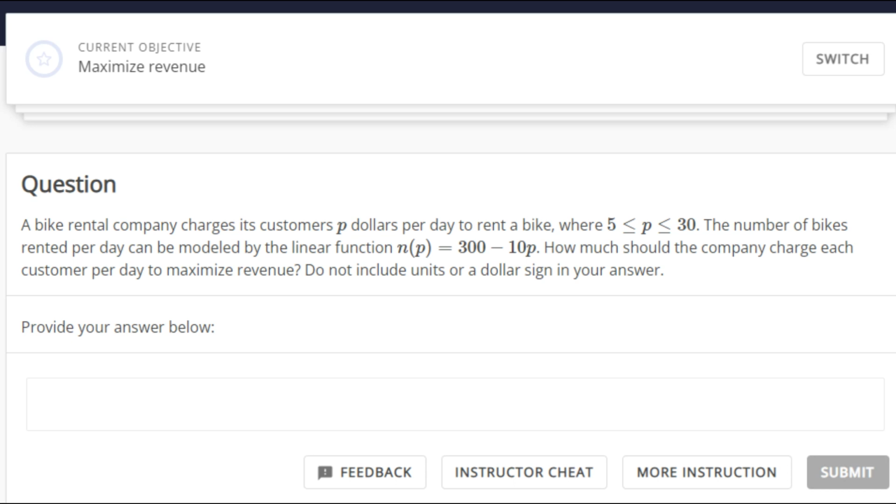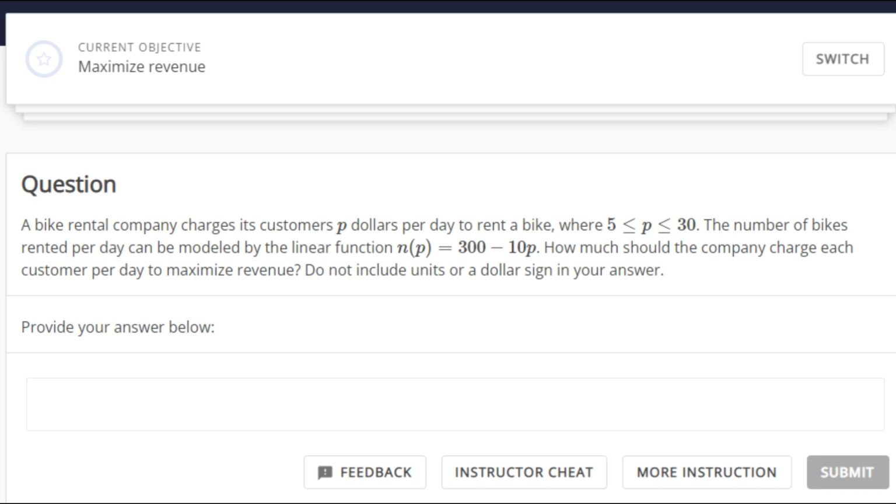The number of bikes that can be rented, the number of bikes as a function of the price they charge, so it's kind of like the demand function, is 300 minus 10p. How much should the company charge each customer per day to maximize revenue?